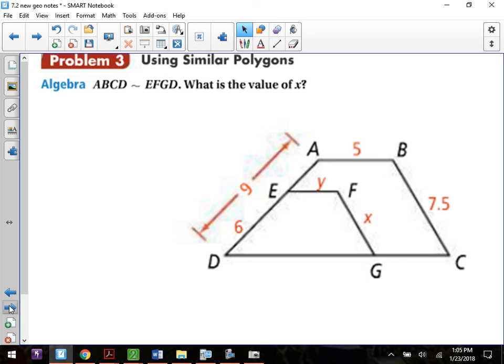You're going to be able to solve for both x and y in this problem by starting with, guess what? Writing the letters out. When you have a similarity statement, you always want to write out the letters of the ratios first, because then everything else falls into place. Everything else fills in the blanks.